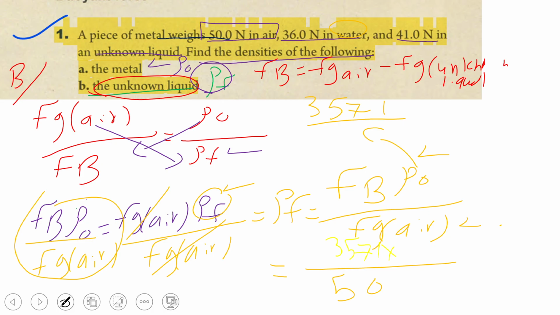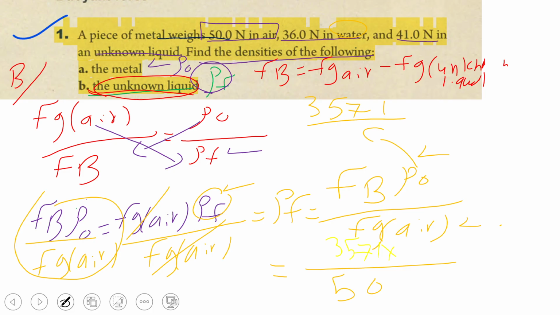Fg object in air minus Fg object in unknown liquid. Why did we not subtract the weight in the water? Because part B said find the unknown liquid. That's why you have to subtract the Fg of the unknown liquid.